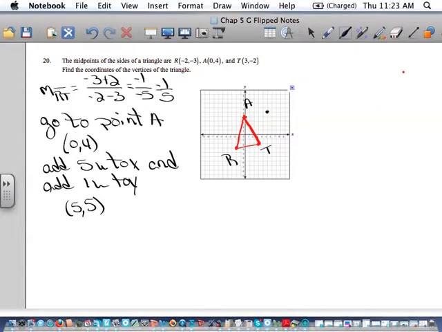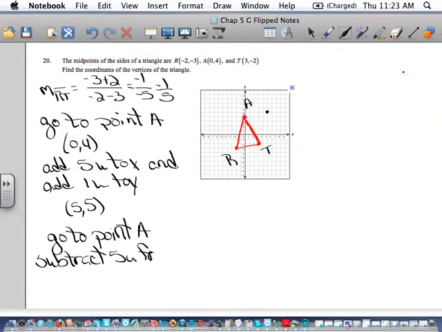Then I'm going to go back to A again. And this time I'm going to subtract. So go to A again. This time subtract 5 units from x and subtract 1 unit from y.